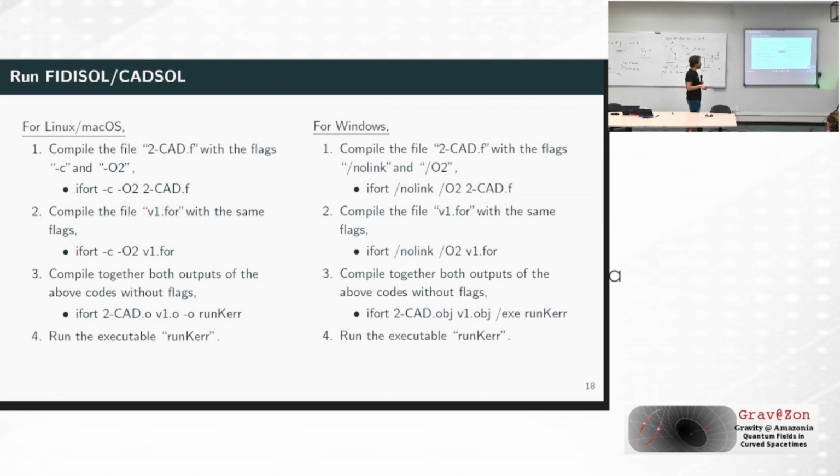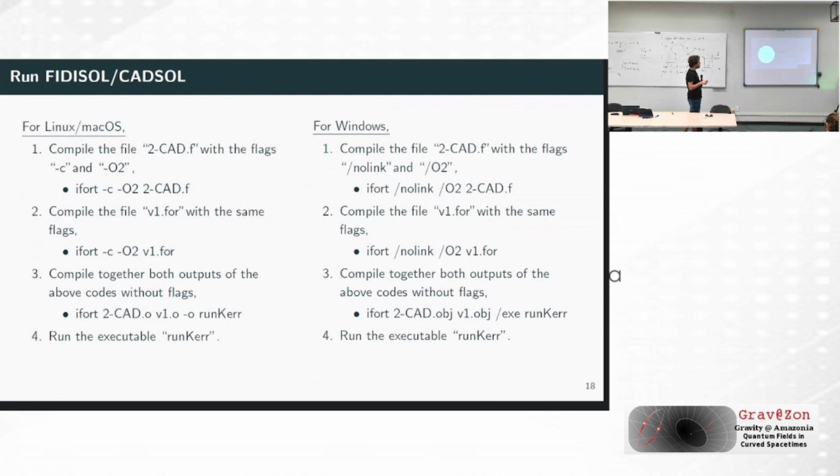The second flag is just optimization, but I found out that the iFortran already has this optimization flag enabled, so you don't have to put it. I put it there, but you don't have to.